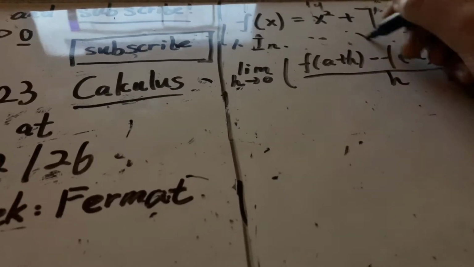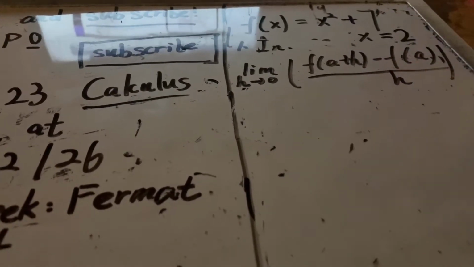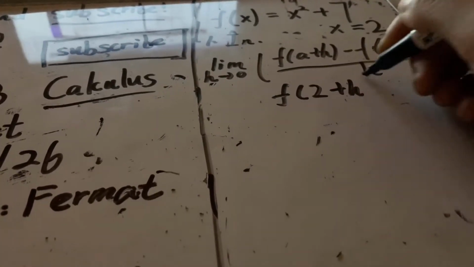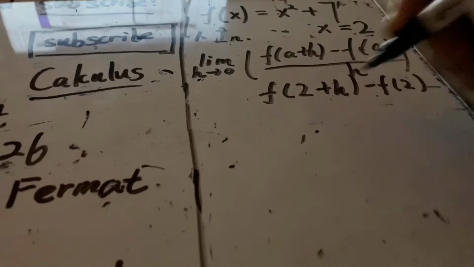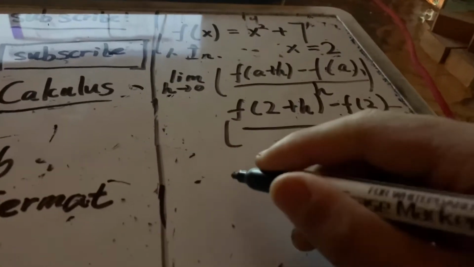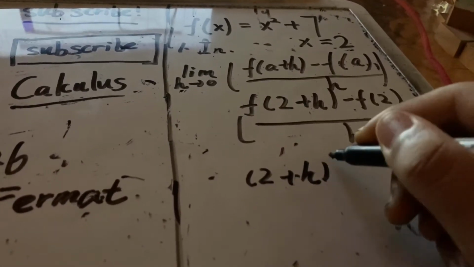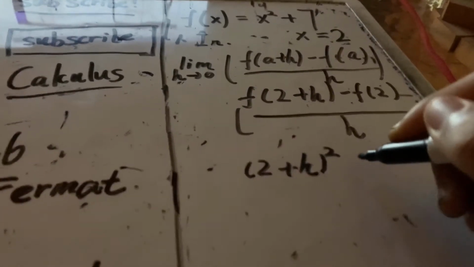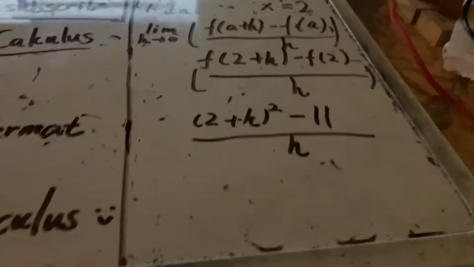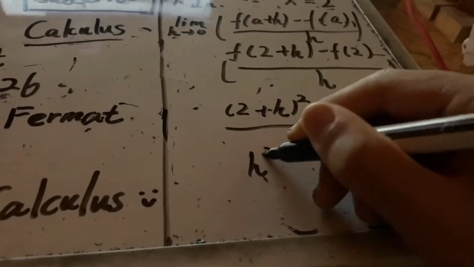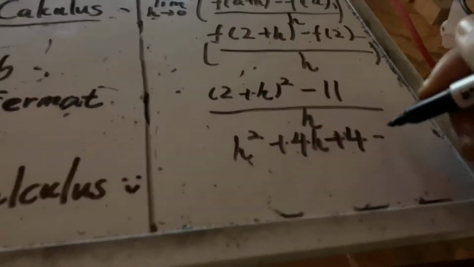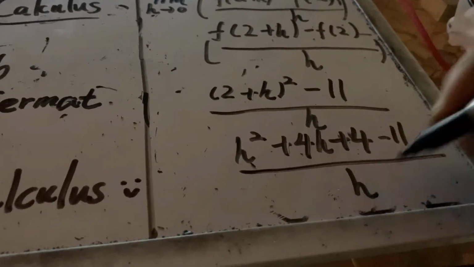If we want to find it at x equals 2, we get f(2 plus h) minus f(2), divided by h. So we just plug in (2 plus h) squared minus 11, divided by h. We can think of this as h squared plus 4h plus 4 minus 11, divided by h.